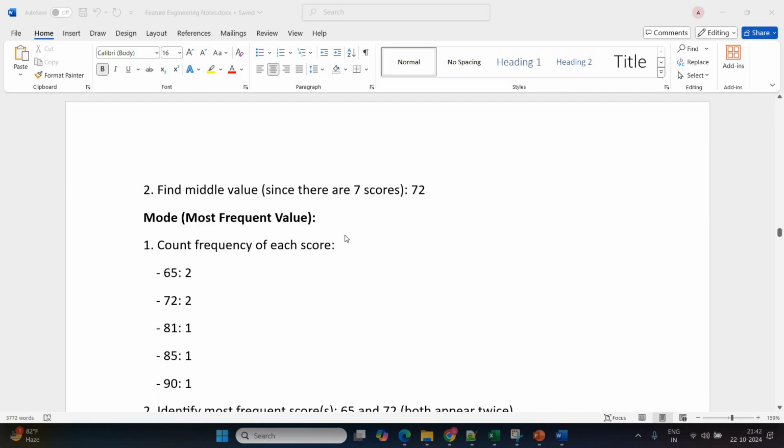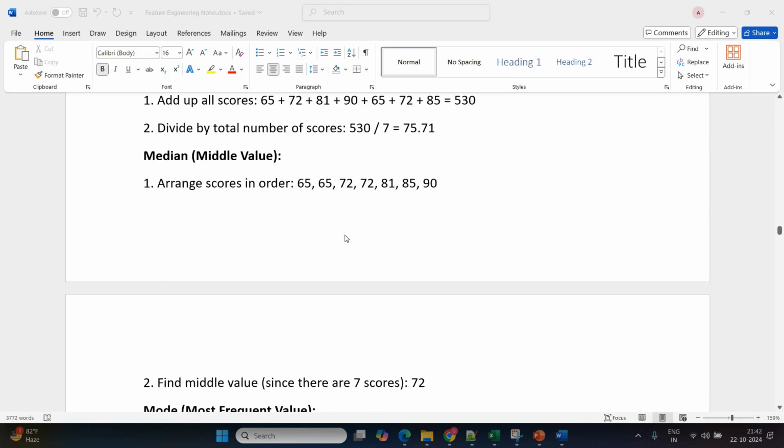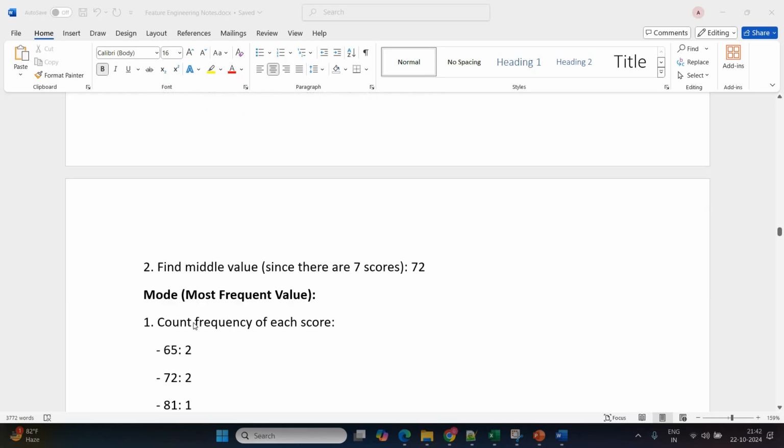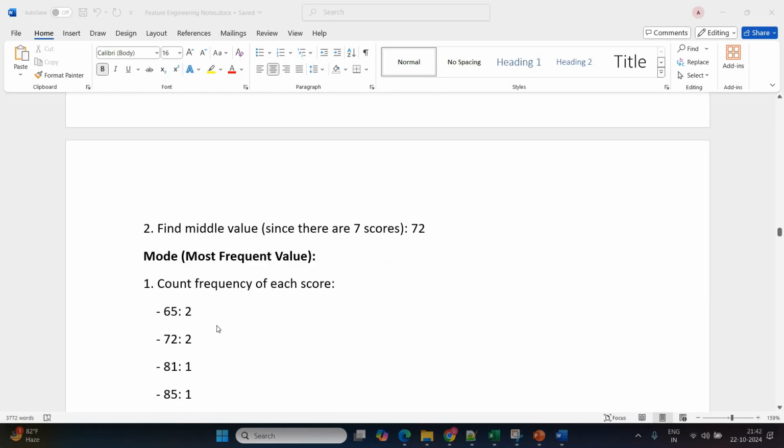Now comes the mode. In the case of the mode, you have to count the number of times the values have occurred. Like 65, how many times did it occur? It occurred twice. 72 occurred twice. And each of the others has occurred only once. So the frequency of 65 is 2 and the frequency of 72 is 2.